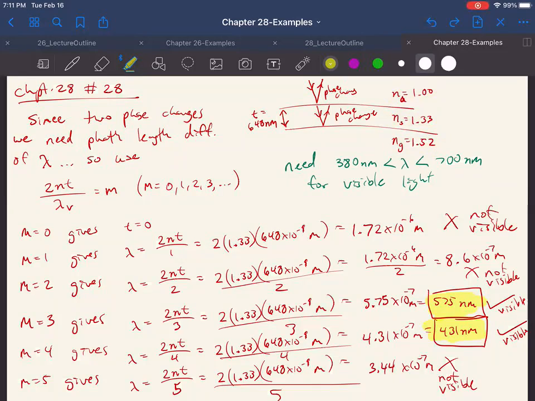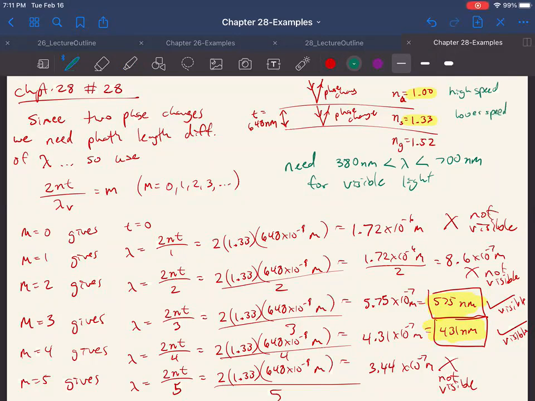So what that means is on the reflection coming at the top, we're going from a low index to a high index. That means we're going from high speed, right? High speed up here to low speed down here. All right, maybe I can write that out. This is high speed to lower speed, right?